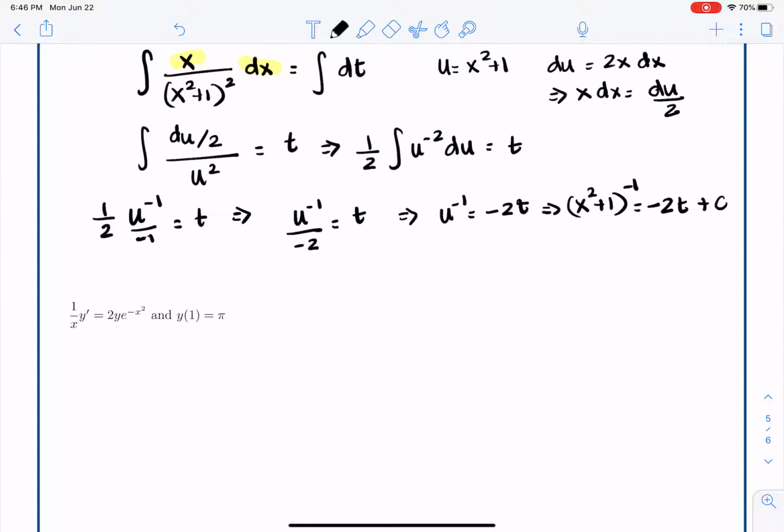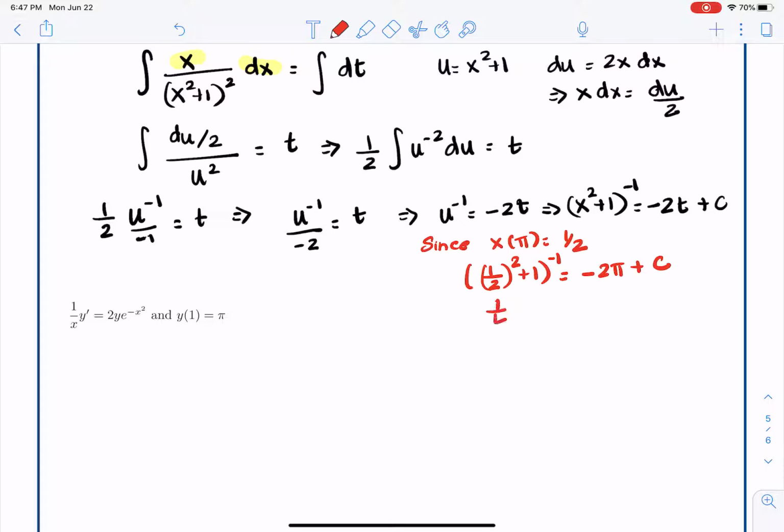So I'm going to plug in one over 2 squared plus 1 raised negative 1 equals negative 2 pi plus c.